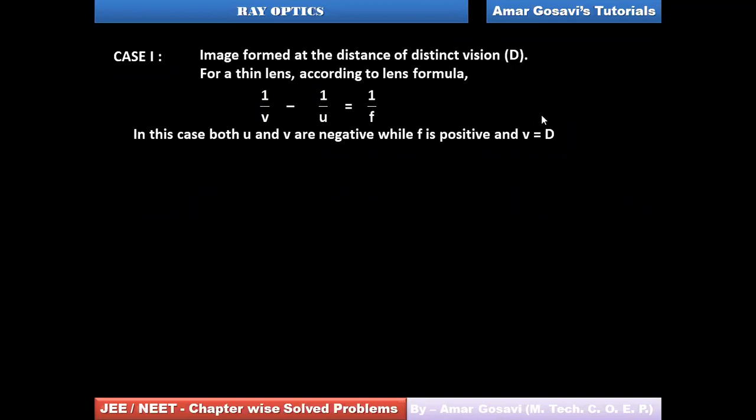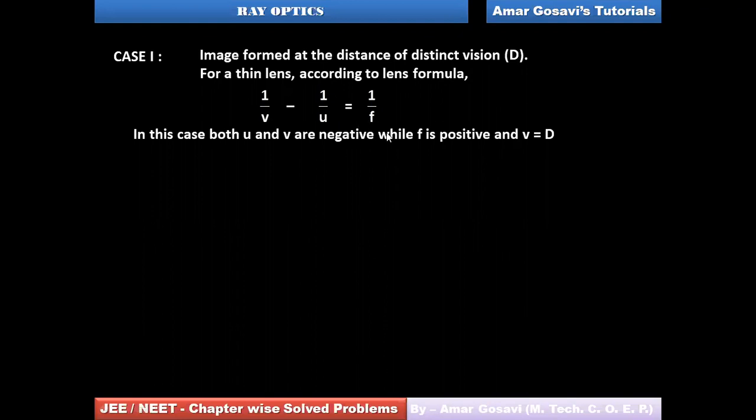And moreover, what is the case of images formed at the distance of distinct vision? That means V will be equal to capital D. First of all, both the values for U and V are negative, while F is positive.